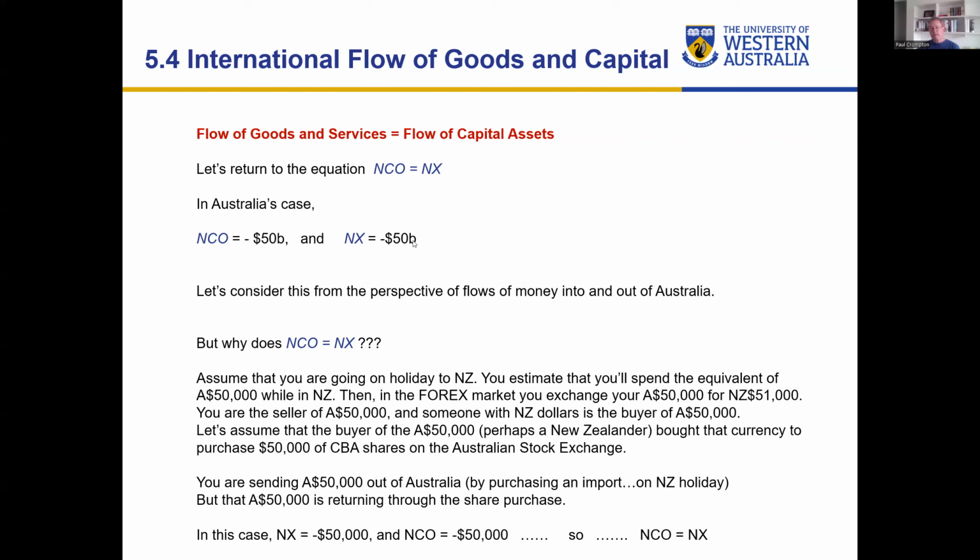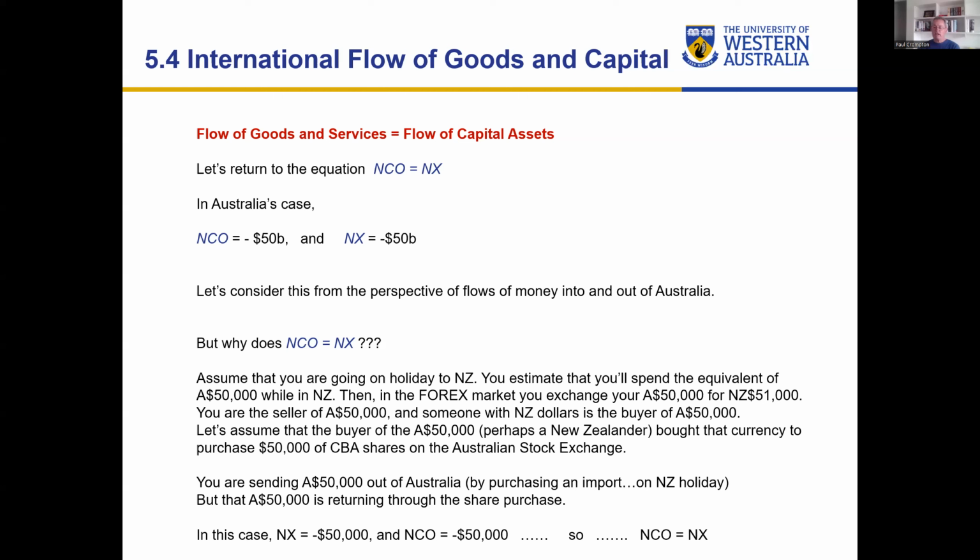Another example, I could have started off on this particular day with 0 and 0. And then we could have assumed that the first transaction on this given day was you importing a holiday worth $50,000. So that means imports went up by $50,000.